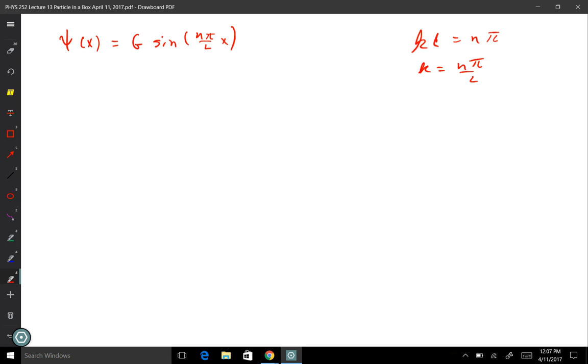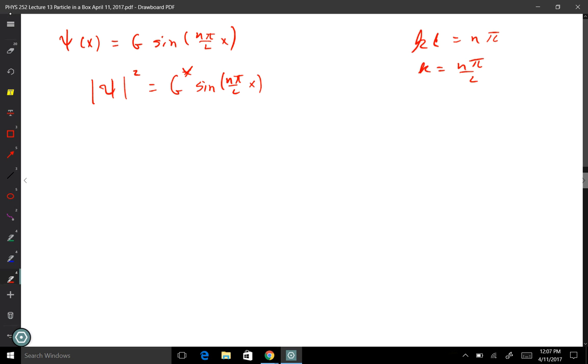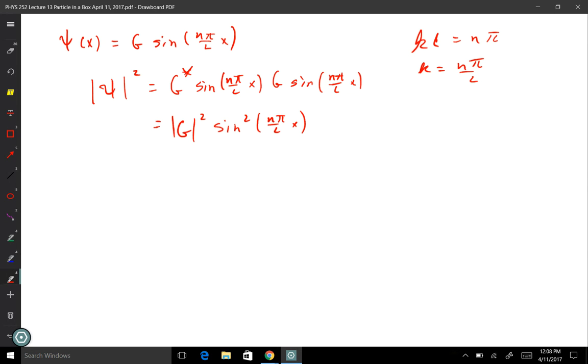In this case, g could be a complex number, and so I would have psi mod squared is equal to g star sine of n pi over L x times g sine of n pi over L times x, or g mod squared sine squared of n pi over L x. So that's going to tell me about the probability.